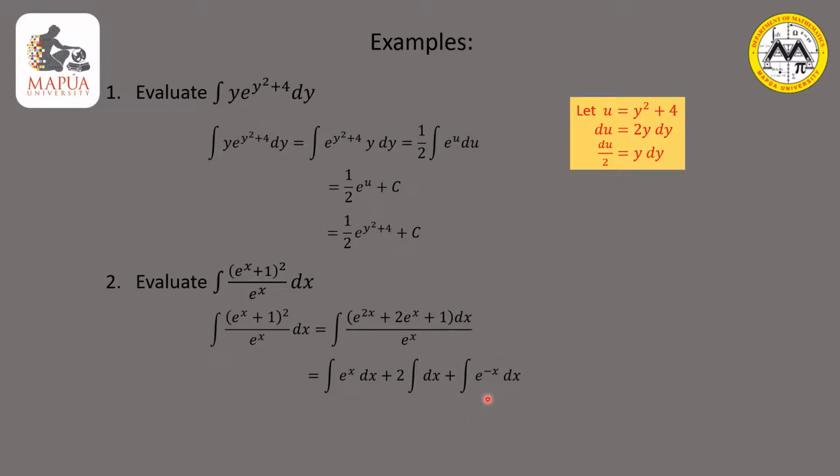E to the negative x is equivalent to 1 divided by e to the positive x. So that when you evaluate these integrals, fitting them to the form e to the u du, the integral of the first term is just e to the x. The second term obviously will just be a positive 2x. The third term is negative e to the negative x plus c.